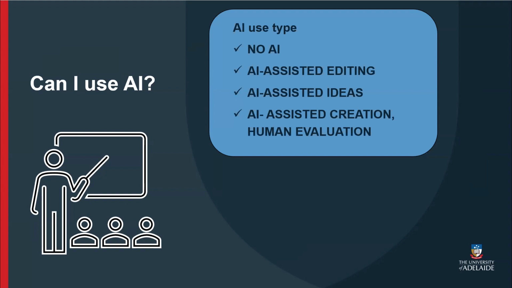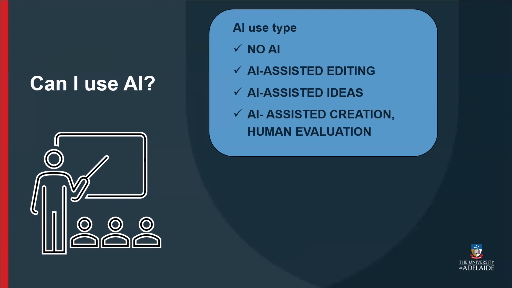So the first one there is no AI, and that's where AI use is strictly prohibited, and you must complete the work independently of AI. AI-assisted editing, you can use AI tools to help with grammar, spelling, or formatting, but the ideas and structure must be your own.